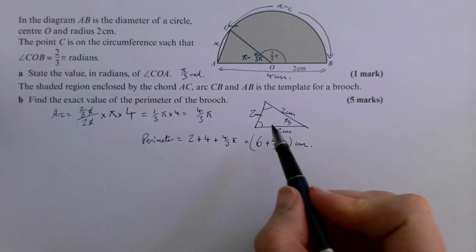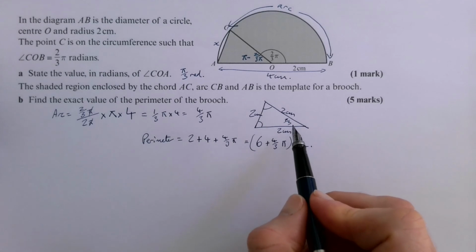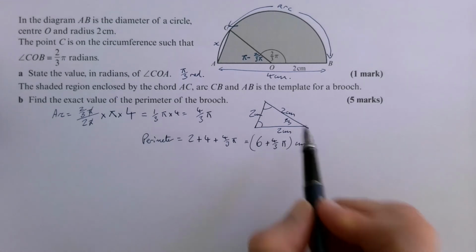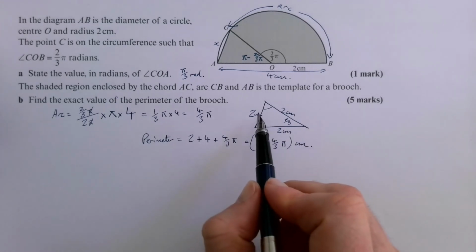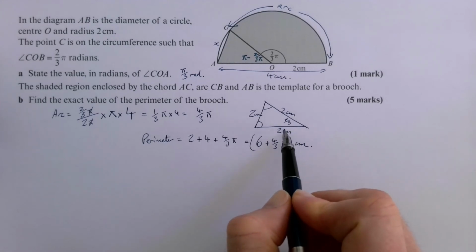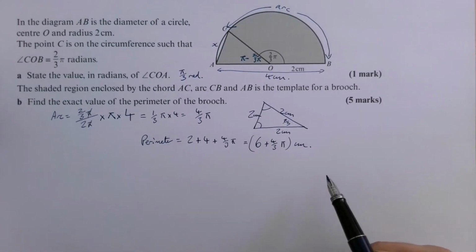Now, if you did want to work this out, if it didn't happen to be such a nice value, then what you'd need to do is use the cosine rule, because you've got one angle that you know with the two sides either side, and you could work that out through to that, and that would give you 2 centimeters.